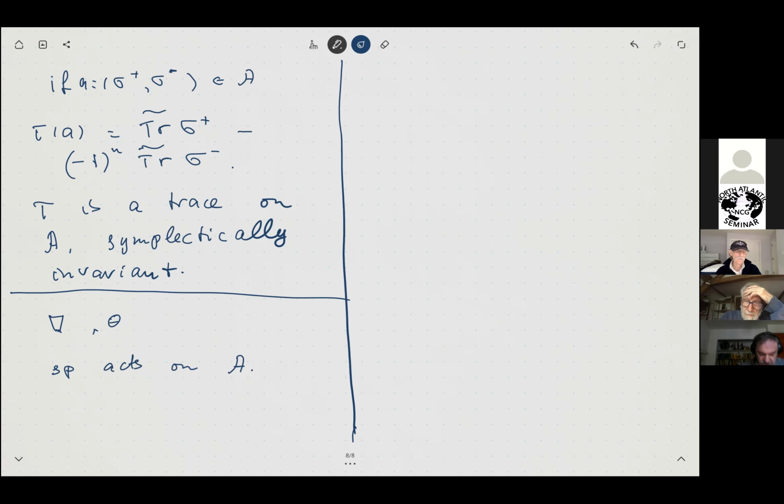Now, not quite inside A, but we can slightly enlarge A. Previously our algebra consisted only of pairs of smooth functions which admit a polyhomogeneous expansion with homogeneity 0 or lower.